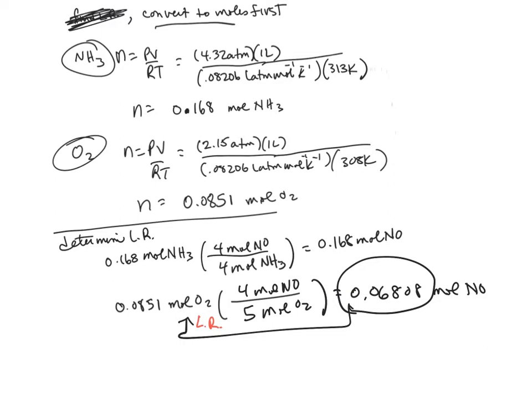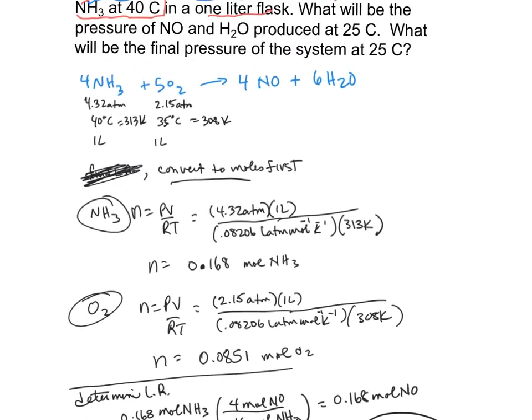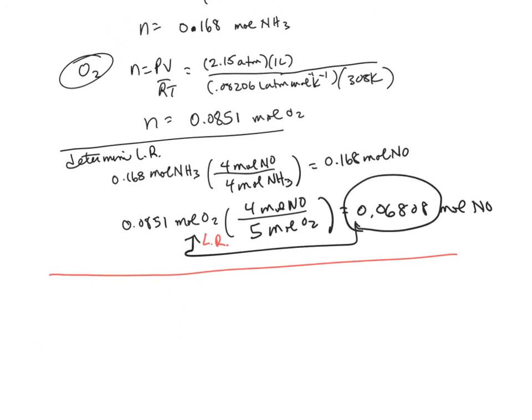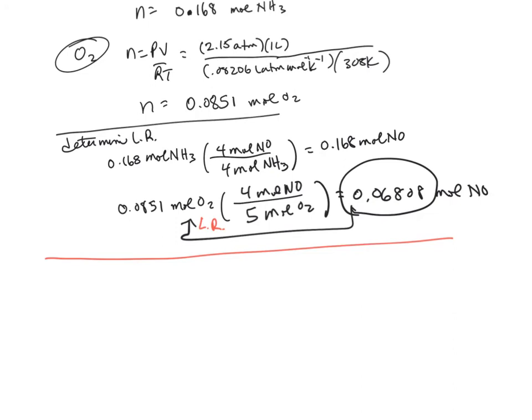All right, so we know what the limiting reactant is, and now we're going to use the limiting reactant to calculate everything else. If you look at your reaction again, now we're going to go after the water using the limiting reactant, which is O2. So it's going to be a 6:5 ratio for water to O2. Okay, and so we're going to calculate the moles of water using the limiting reactant.